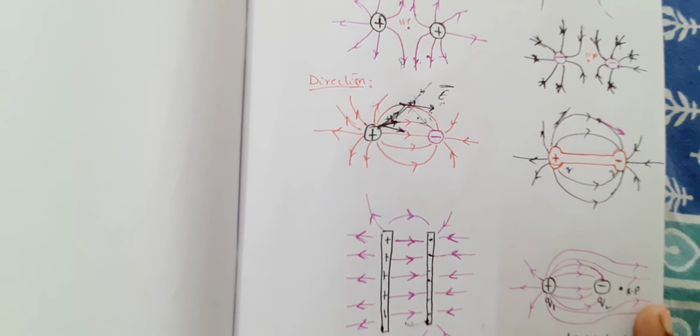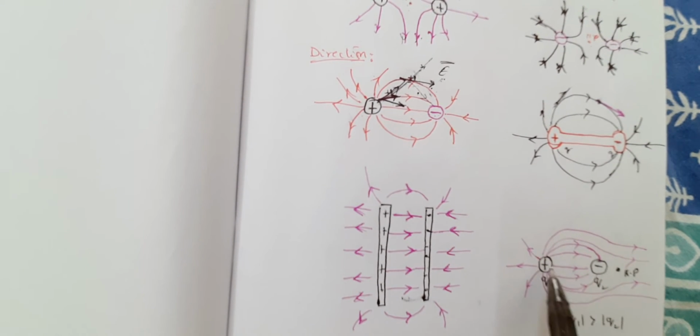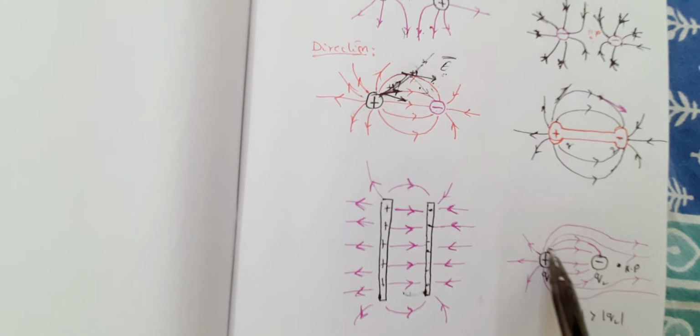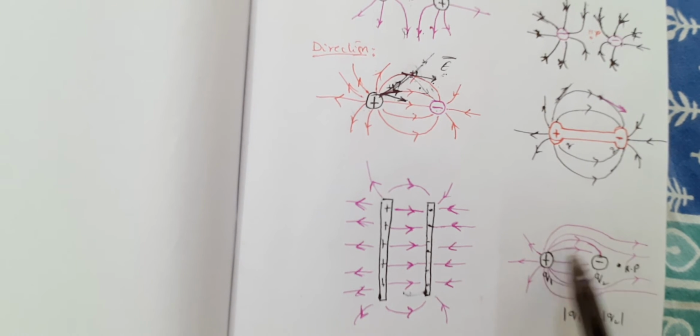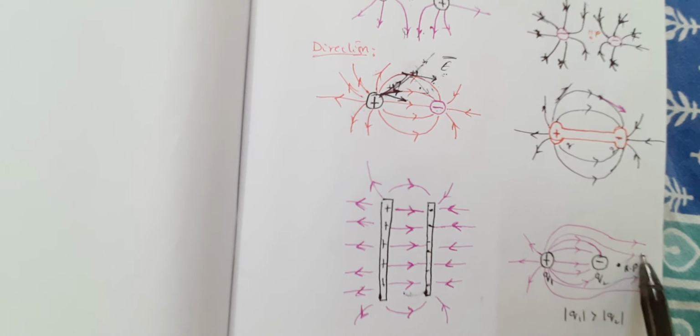So where will the null point be when there are two dissimilar charges? If you observe the lines of force here, if the charge Q1 is of higher magnitude than Q2, the influence of Q1 is more than Q2. So the lines of force which try to move in this direction will slightly be pushed towards minus Q2. But the influence of Q2 is less, therefore they continue to be like this.